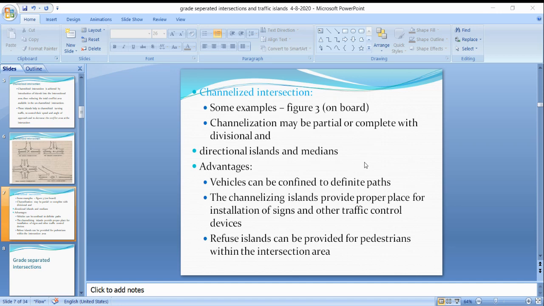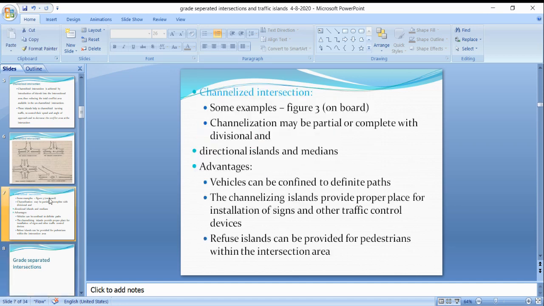Vehicles follow a definite path, and there is a proper place for installation of the signs. If the island is there, then at the end of that island they can provide signs for the traffic, and refuge islands can be provided for pedestrians.